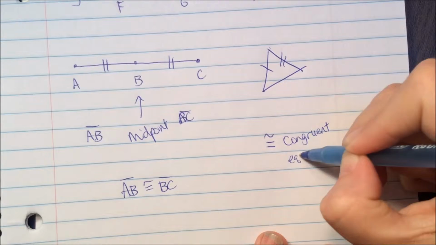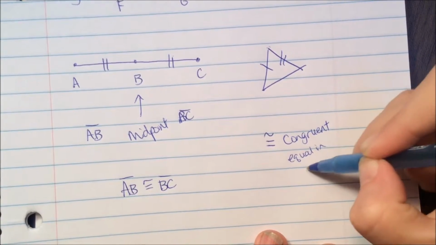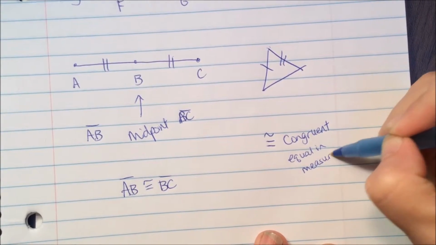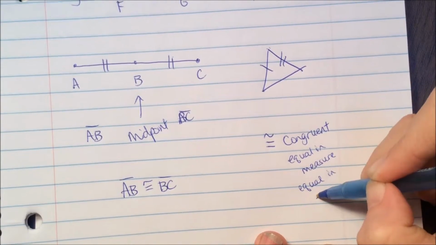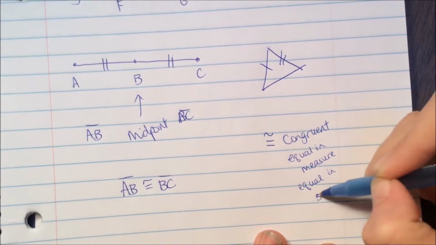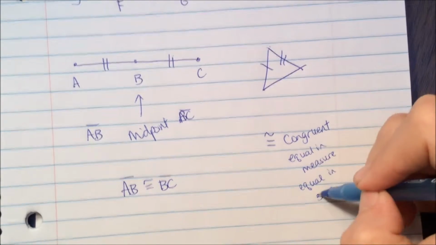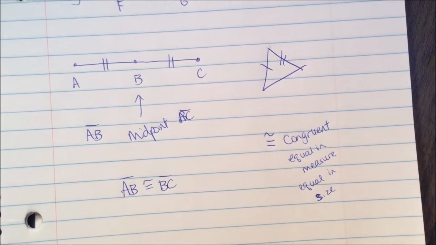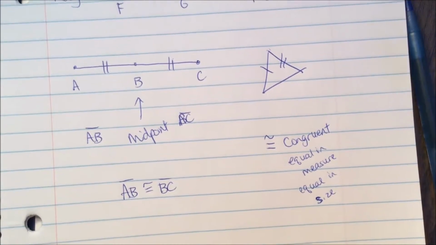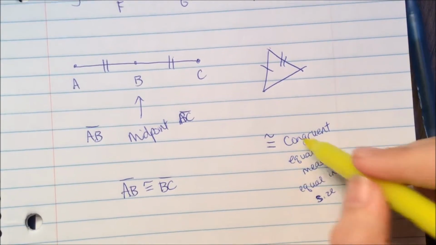So let's write that down. Equal in measure and equal in size. That's an S. Doesn't look like an S, but it is an S. So a lot to take in. Let's highlight some key words here.